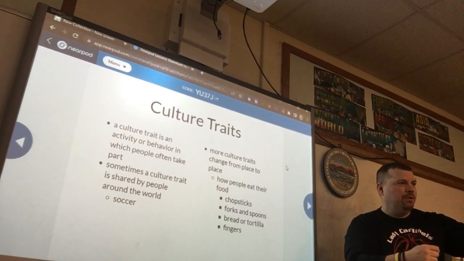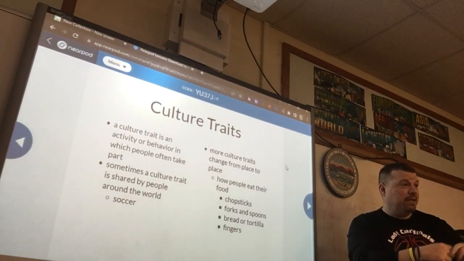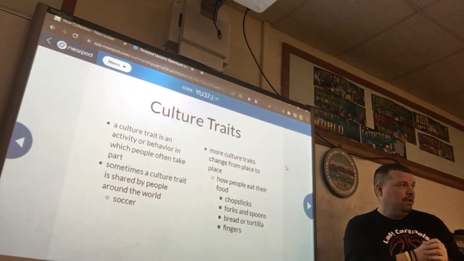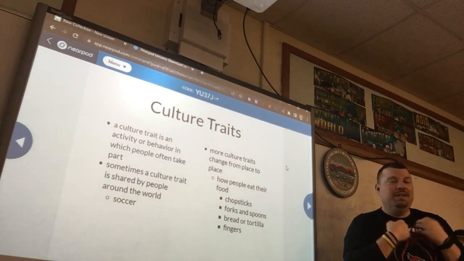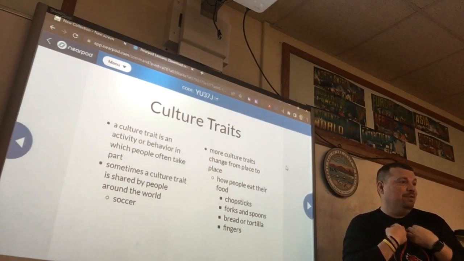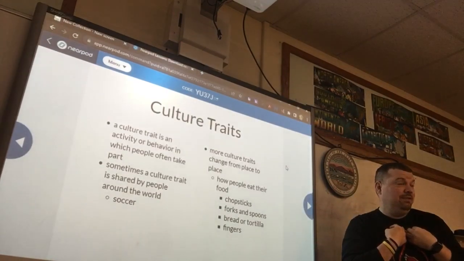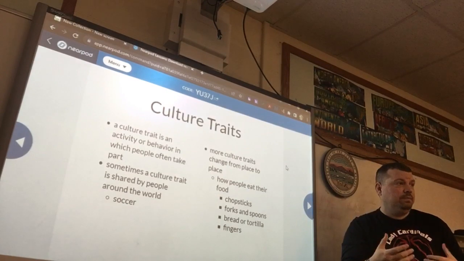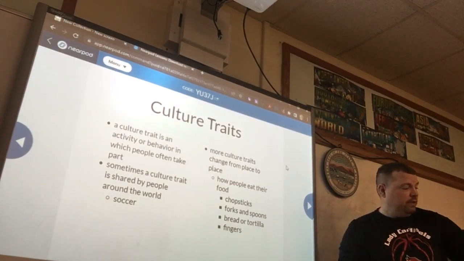If it's menudo, then I have a big piece of bread. But if it's a little sopita with noodles, then you use tortillas. The only time that we ever had that is if we were making tacos. Cultural differences. It's a beautiful thing. I love it.